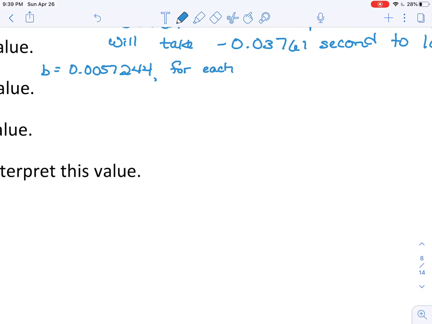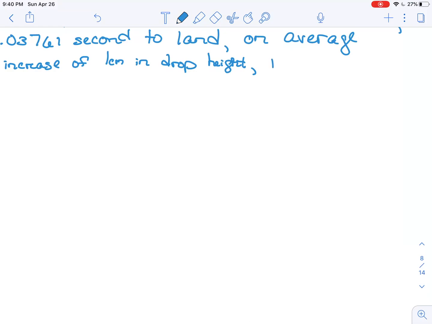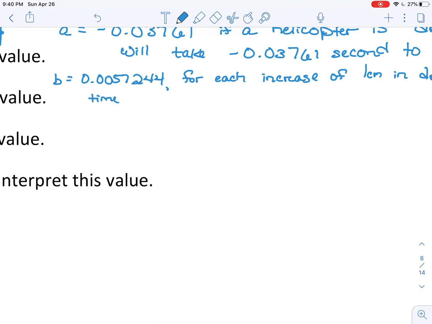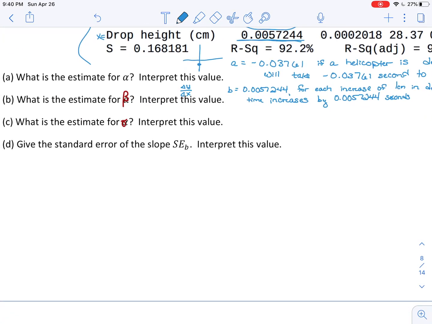So for each increase of 1 x value, so of 1 centimeter in drop height, the response variable, so the average flight time, the predicted flight time, the average flight time, it's a positive value, so in this case it's increasing. Not much, but we're predicting it's going to increase 0.005724 seconds longer.